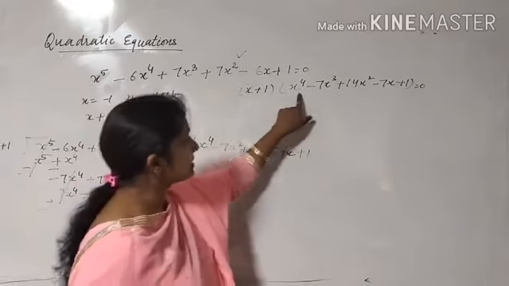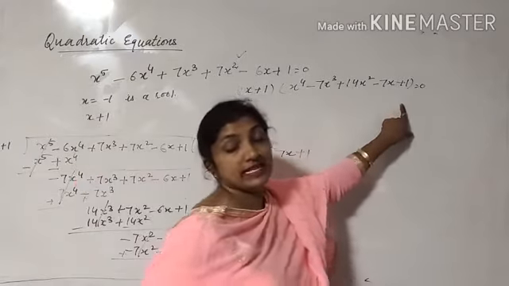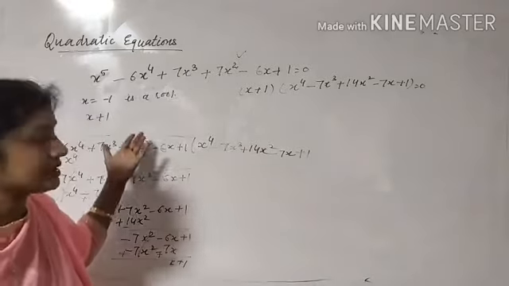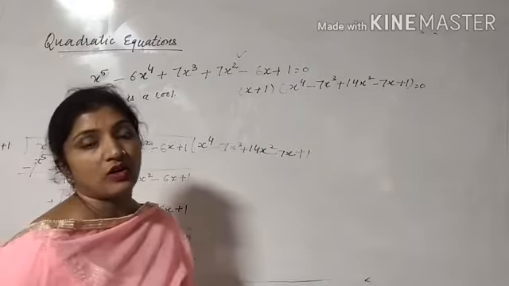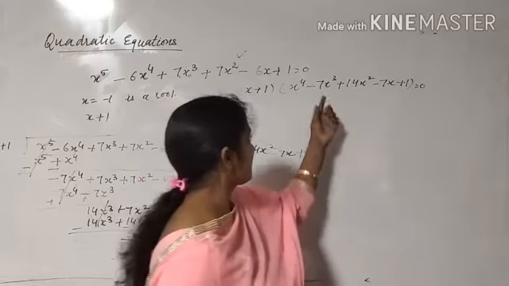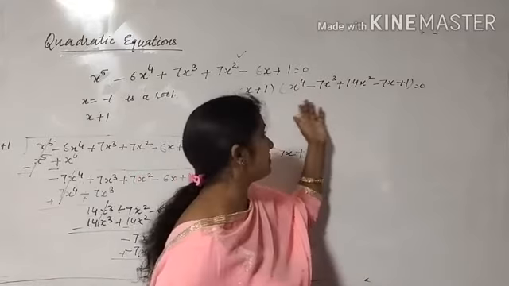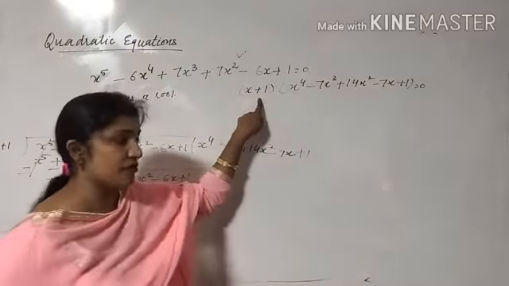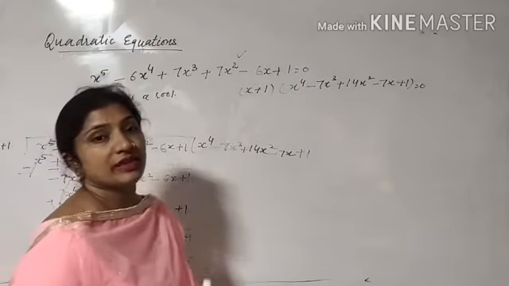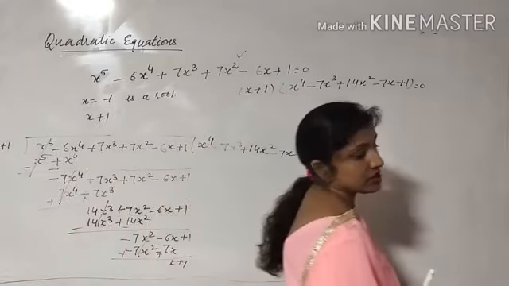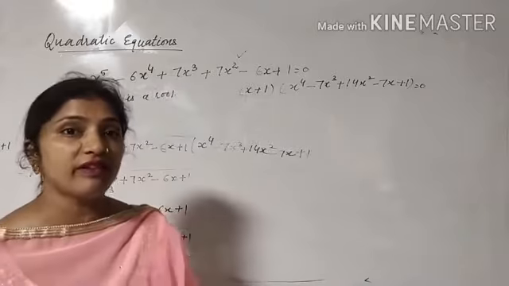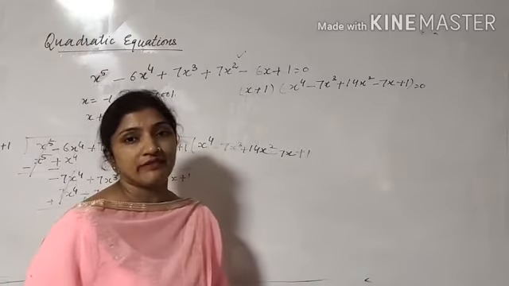Now solve this equation, which is a reciprocal equation of degree 4, by the method I have told you earlier with an example of degree 4, and then you'll get 4 values of x from this factor and 1 value of x from this factor. Okay, so this is the method when you solve a reciprocal equation of degree 5, by resolving it into quadratic factors.